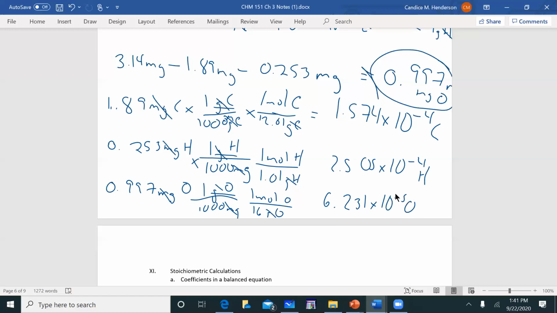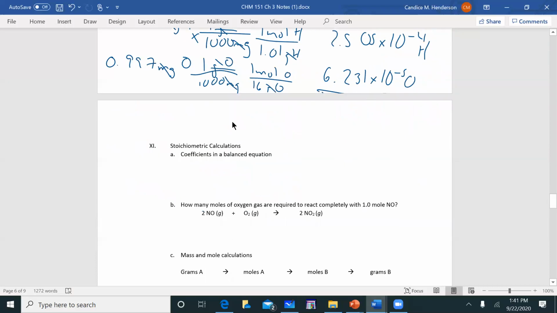This is for oxygen. So we need to divide each of these by the smallest number. This is the smallest number here, so we'll divide everything by that 6.231. And I end up getting a carbon value of 2.5. I get a hydrogen value of 4. And I get an oxygen value of 1.